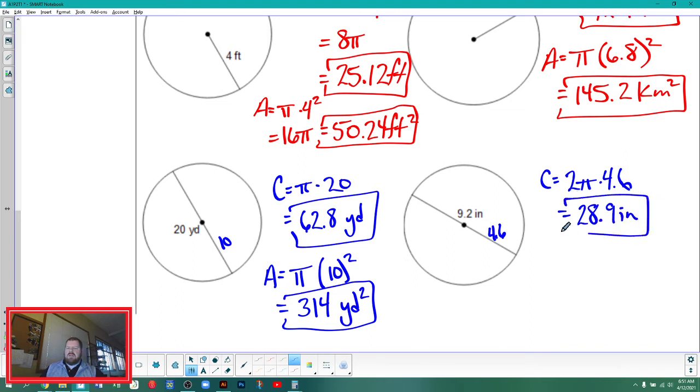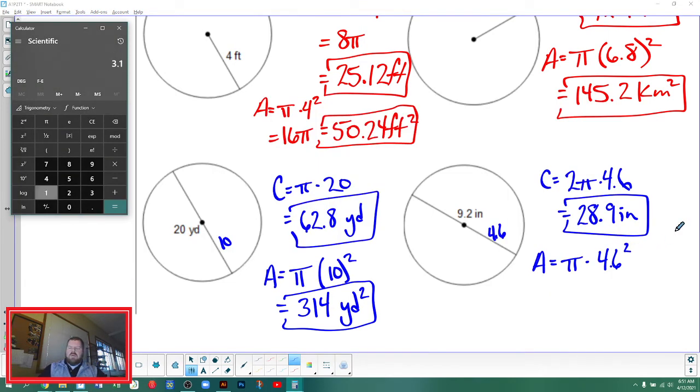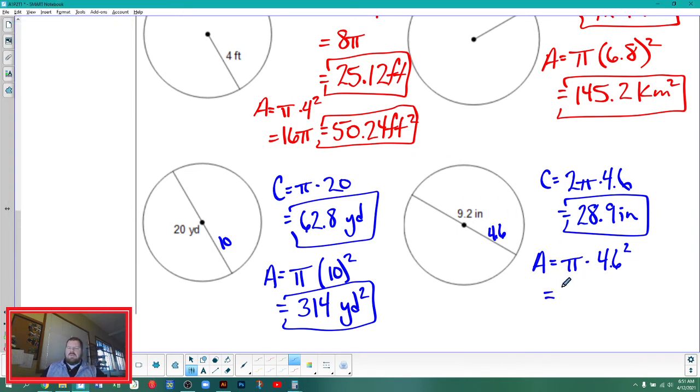And those are inches. And then for area, pi times 4.6 squared. Let's call it 66.4. And those are going to be squared inches.